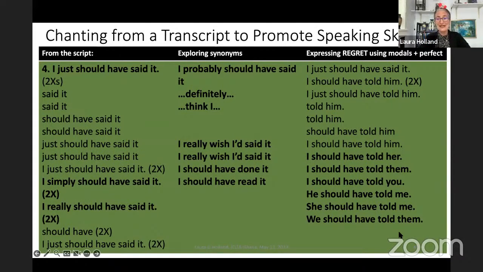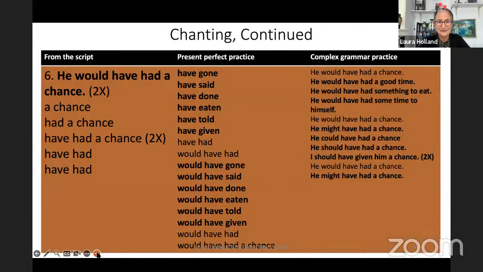It also really reinforces how we use the modal should plus the perfect to express regret in the past. And this brings it to life so much more than any flat explanation that any grammar book is going to be telling you or telling your students.